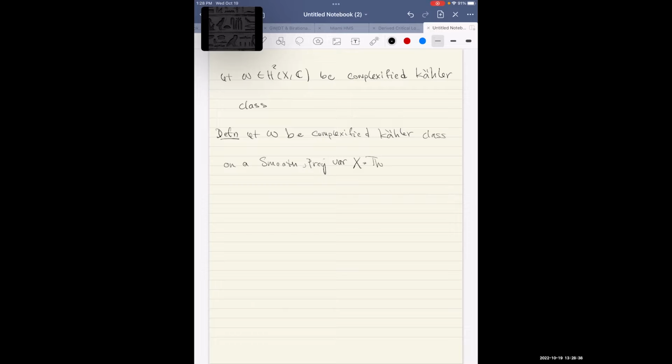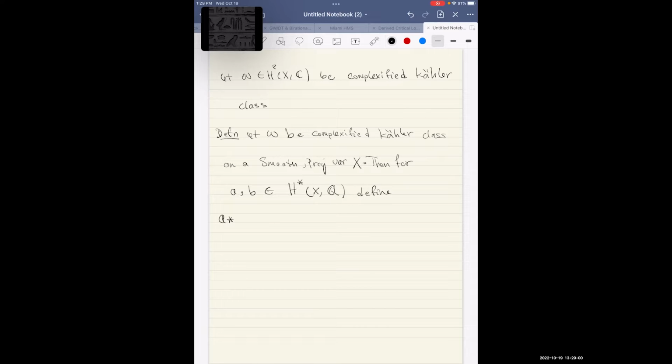Then for two elements, which I am going to call A and B, of the rational cohomology of X, we define a certain product of A and B. So what is this product?